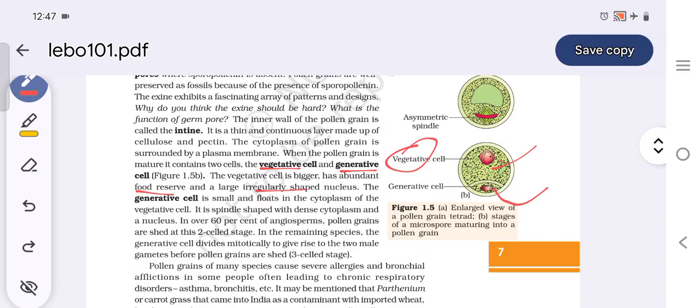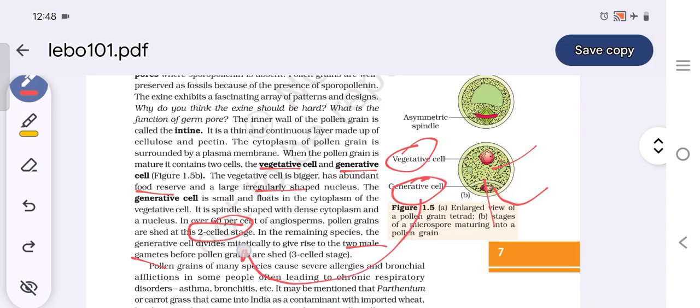Now, in a typical angiospermic plant, the pollen grains are shed at this two-celled stage. There are, however, species of angiosperms where the generative nucleus divides into two, giving rise to two male gametes. What is the cell division that is taking place in the generative cell?